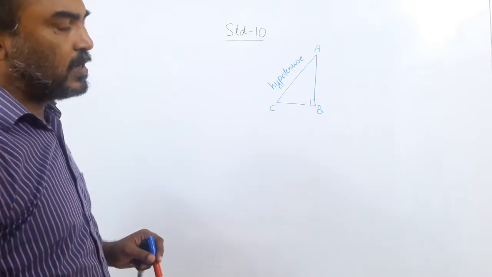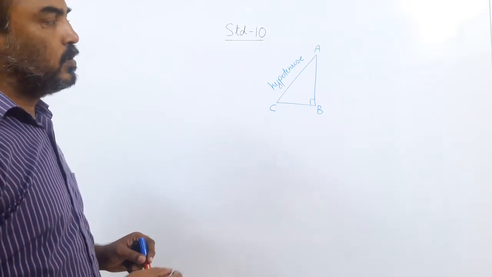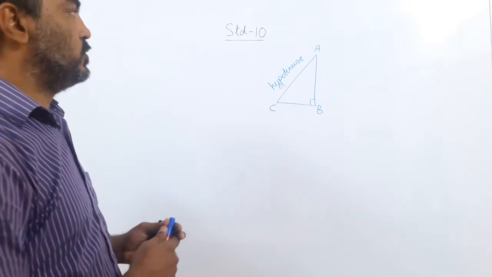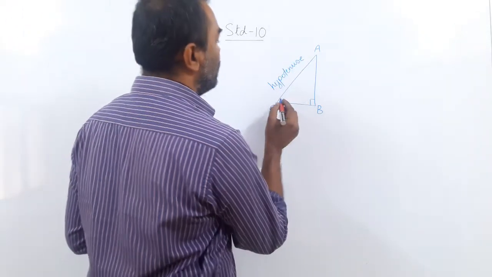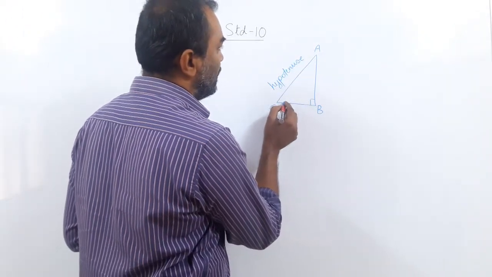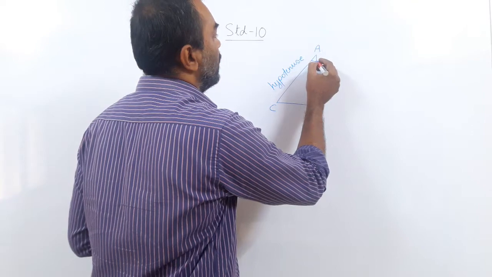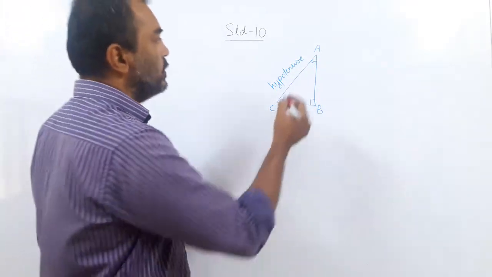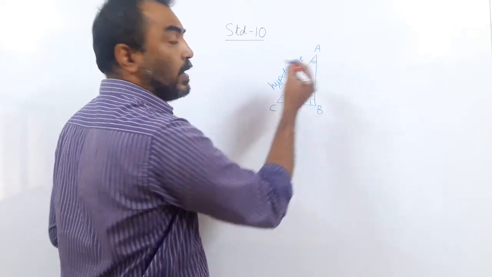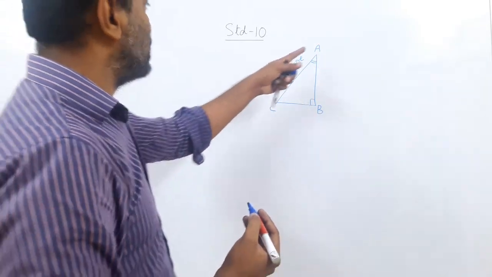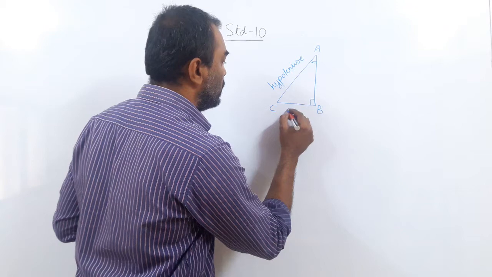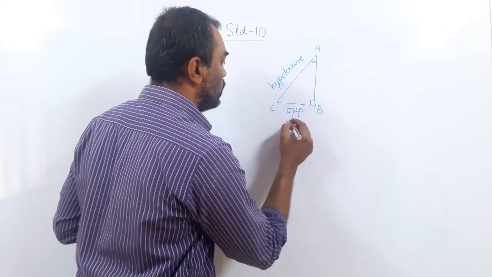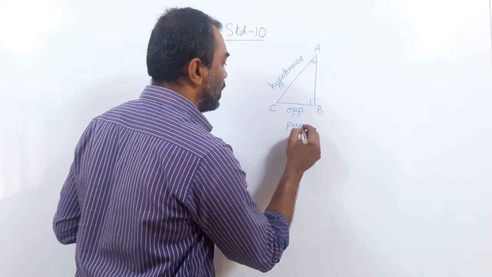Now the remaining two sides are given names based on which angle we choose. So yesterday we had chosen angle C, today we'll choose angle A. It makes no difference, but we'll do it just for a change. So if we choose angle A, then the side opposite to angle A, BC, is called the opposite side or the perpendicular side, right?